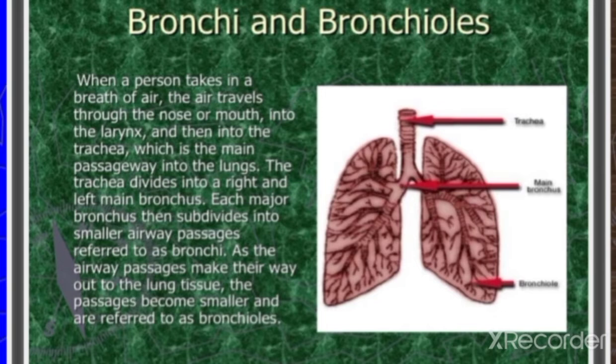So trachea divides into two parts, and these two parts are known as bronchi, or singular, bronchus. Now, each bronchus is subdivided into smaller air passageways. You can see in the figure these small divisions. These are known as bronchioles.